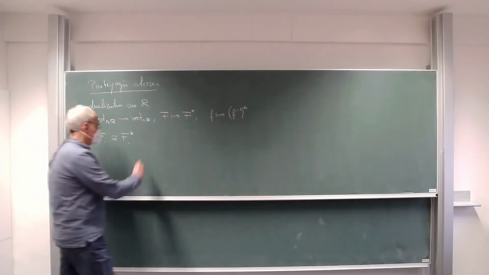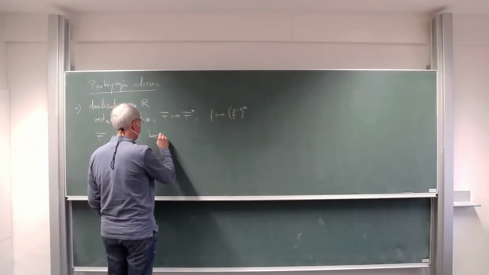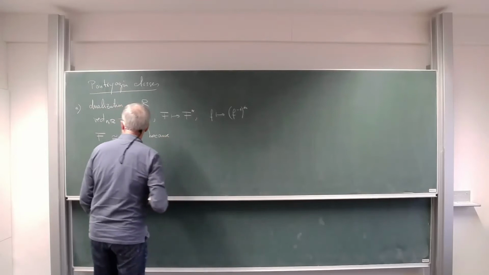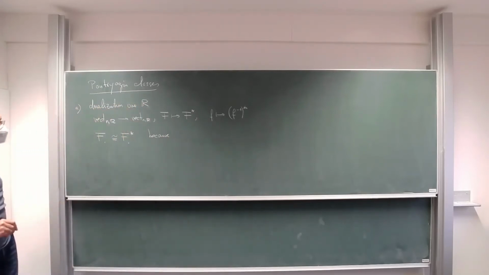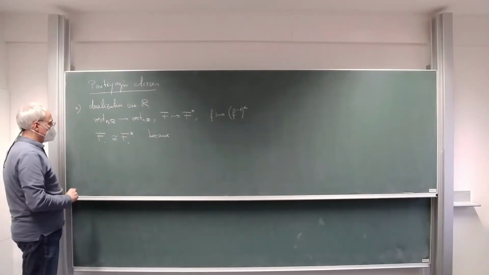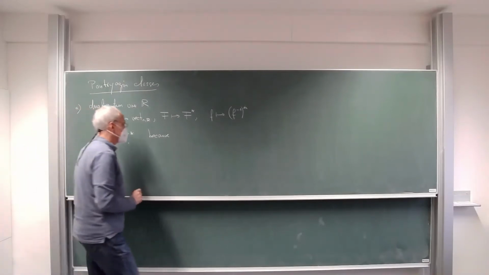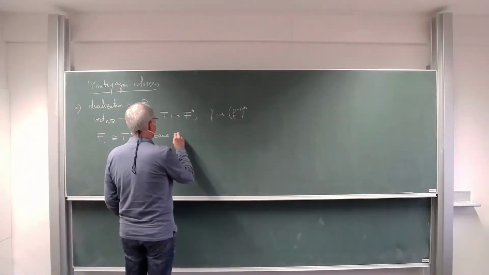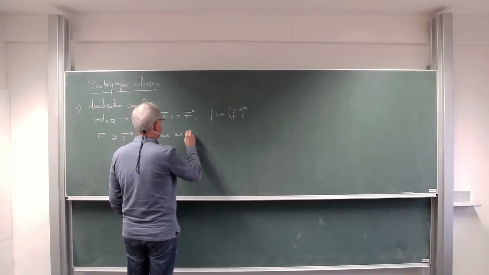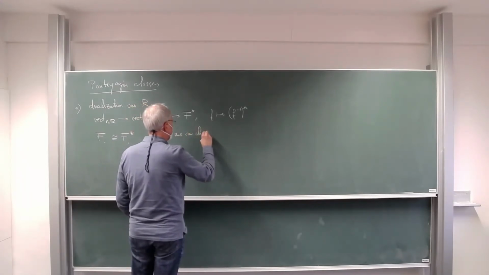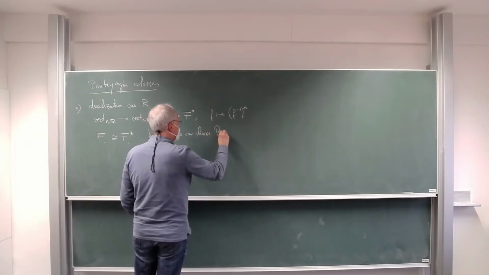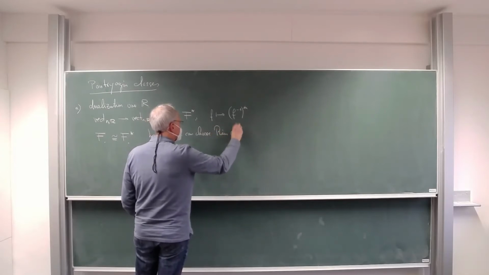And why is that? Well, because what you can do is you choose a Riemannian metric on the bundle, a fiber-wise Euclidean scalar product, as an auxiliary tool.